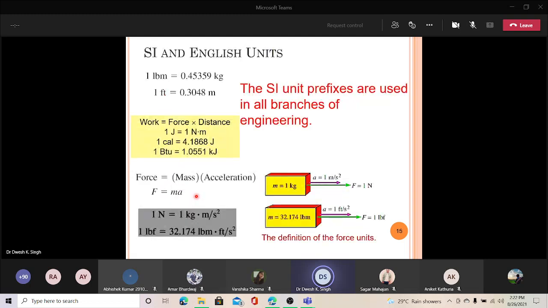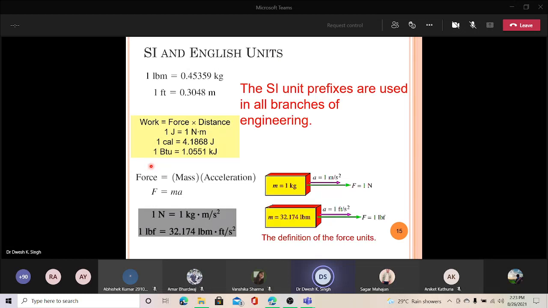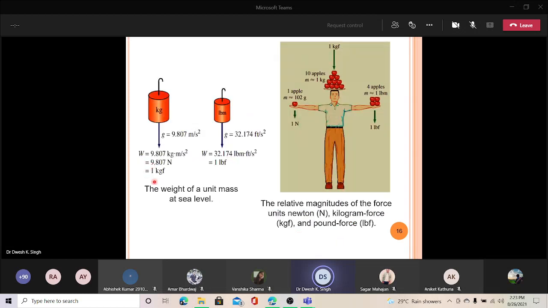Initially it was just acceleration, and here it is the gravitational concept, in terms of gravitational force, while the previous one was a general type of force. So 1 kg of gravitational force is equal to this. In terms of meters, g is meter per second squared. In terms of feet, g is equal to 32.174.